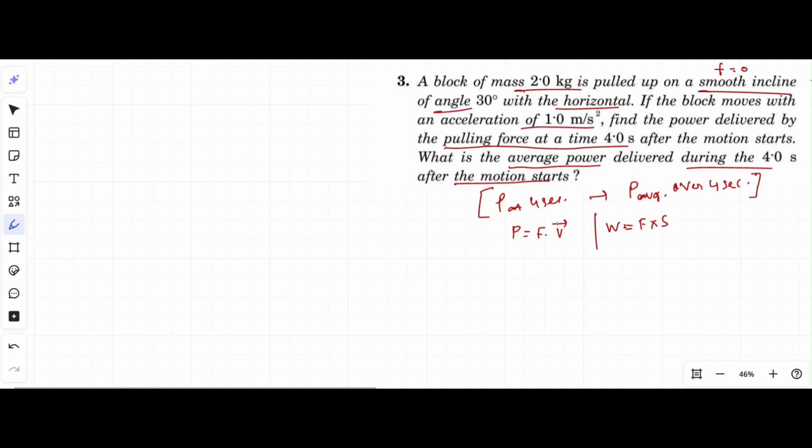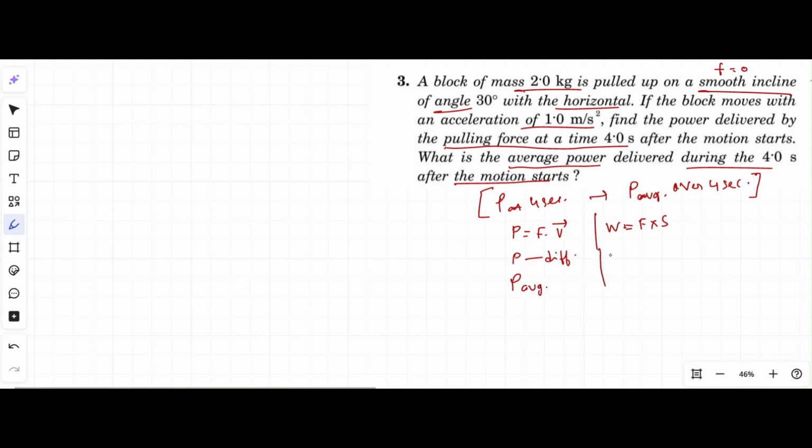The difference here is that velocity can be instantaneous. Instantaneous velocity can be different, and hence power at different instances can be different, and we can have a different average power over the whole distance.